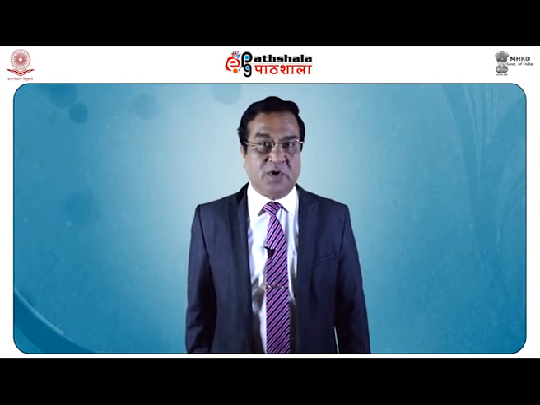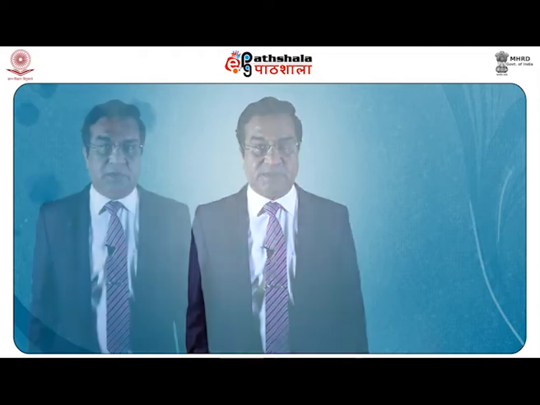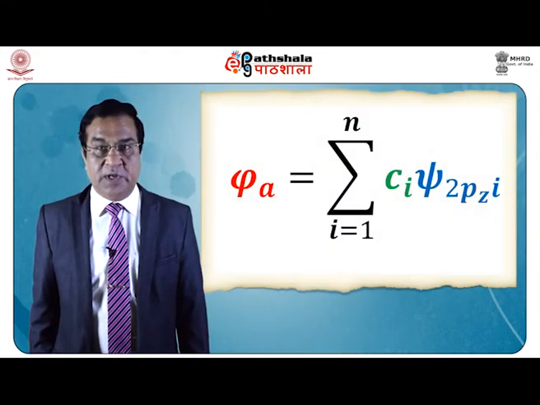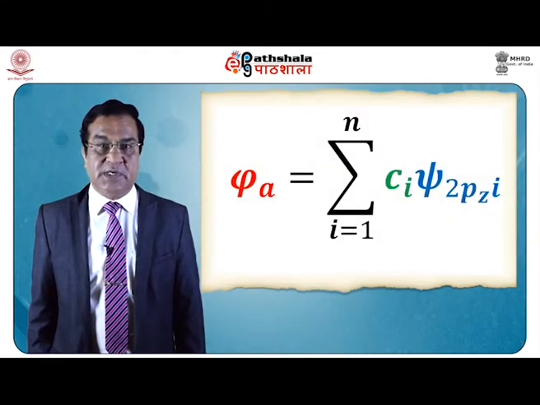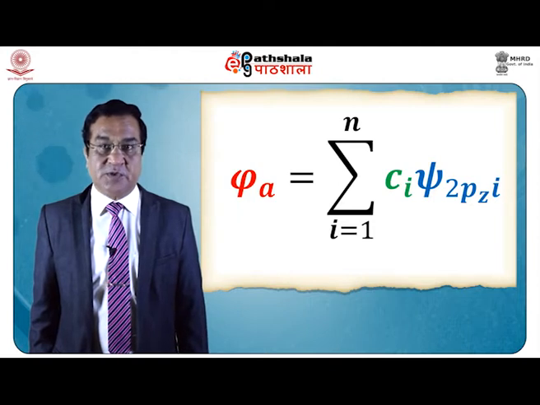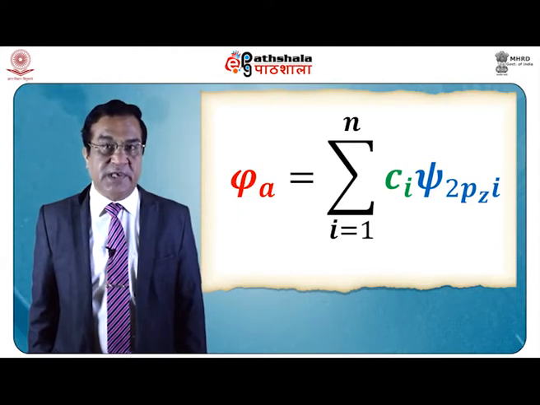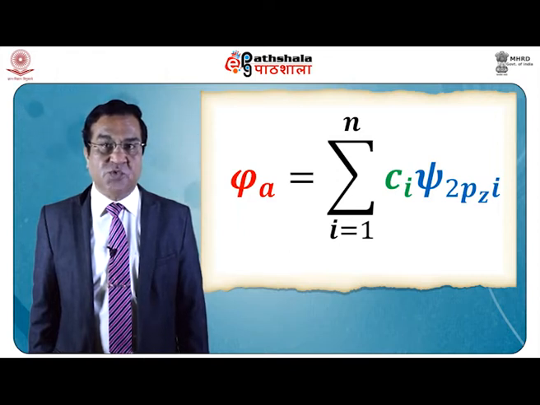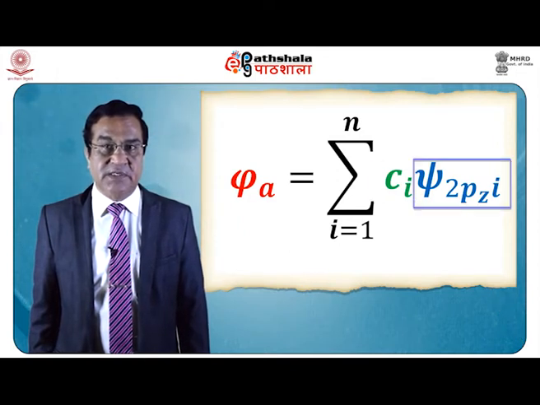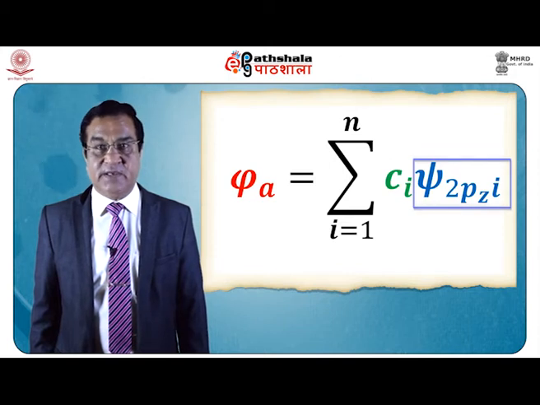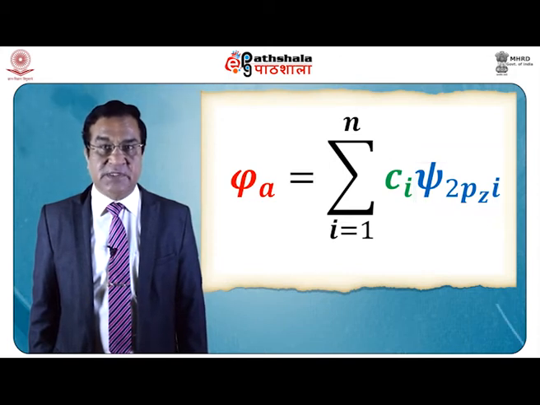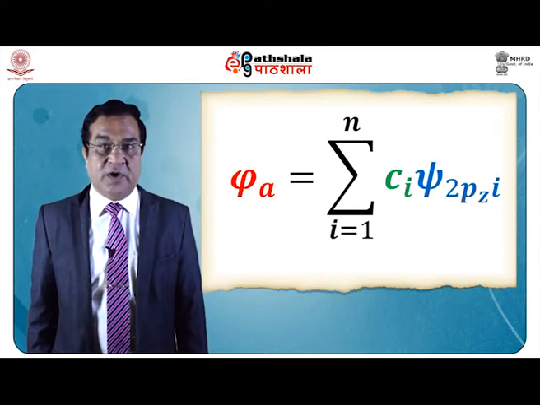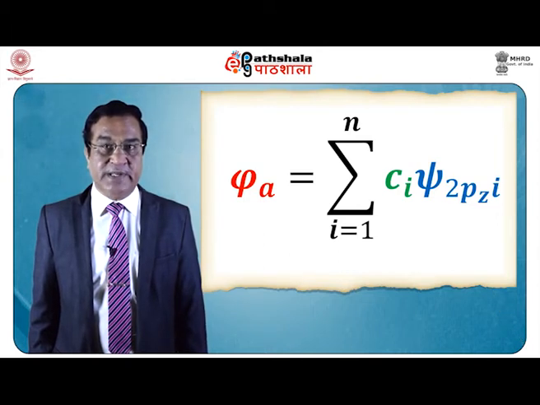The expression for the molecular orbital using the LCAO-MO approximation is phi a equals summation i equals 1 to n of Ci psi 2pzi. Here please notice that psi 2pzi is the pi orbital in the z direction located on the ith carbon atom.